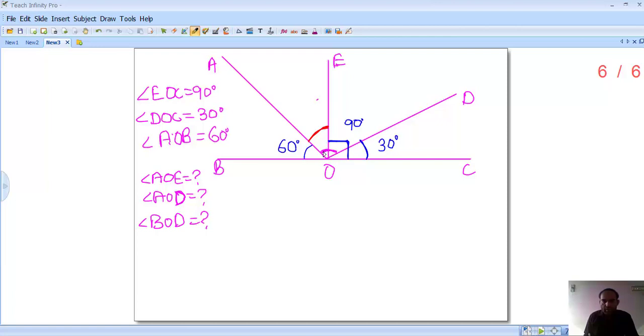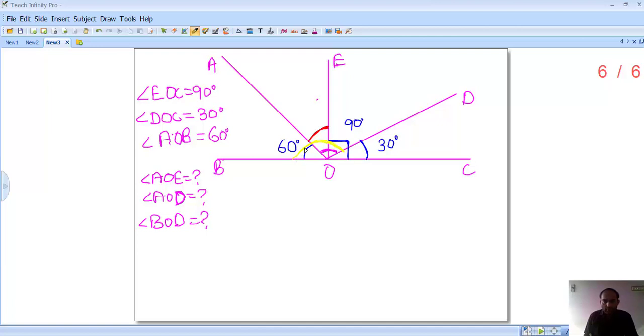This is a combination of red and blue, but we have to first find out both of these, then we will be able to calculate this. Then angle BOD, this angle.